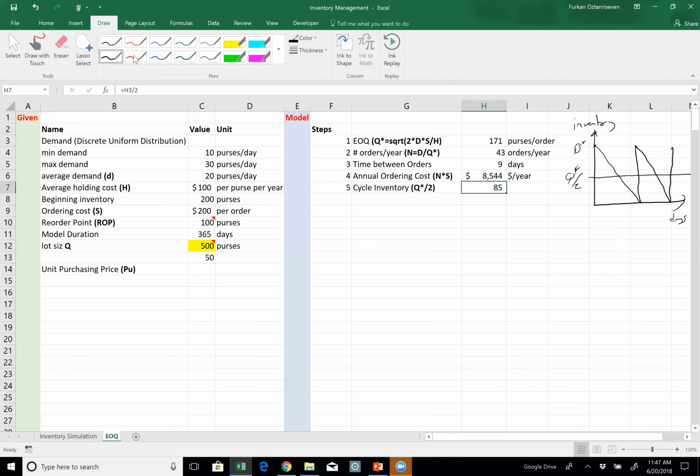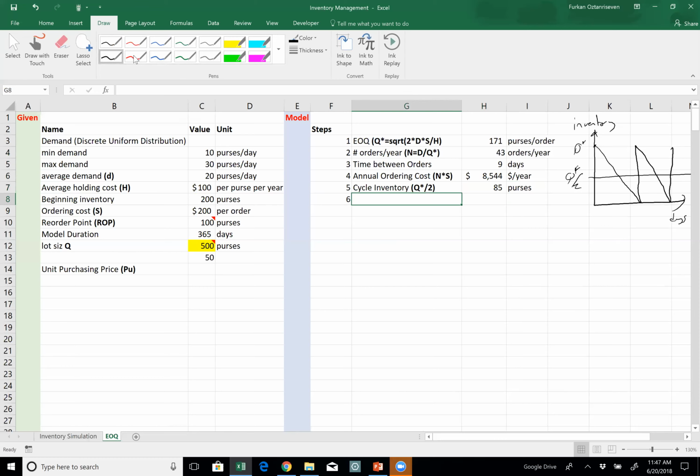The reason is that that's the average inventory, because we assume that the demand per day is constant. So as you see, the slope here on this line is constant, right? So my cycle or average inventory is 85 purses. Right? Let's go to step number 6.